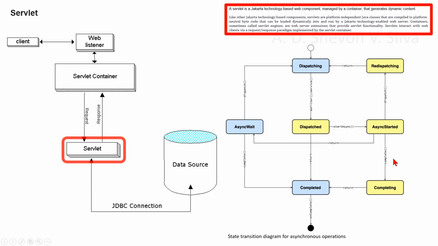The complete method can be invoked by the container if the request is dispatched to a servlet that does not support async processing, or the target servlet called by asyncContext.dispatch does not do a subsequent call to startAsync. In this case, it is the container's responsibility to call the complete method as soon as the servlet's service method is exited. An IllegalStateException must be thrown if startAsync was not called.